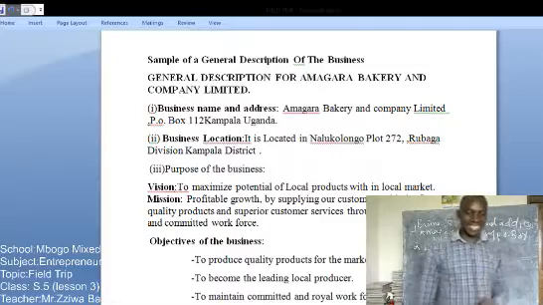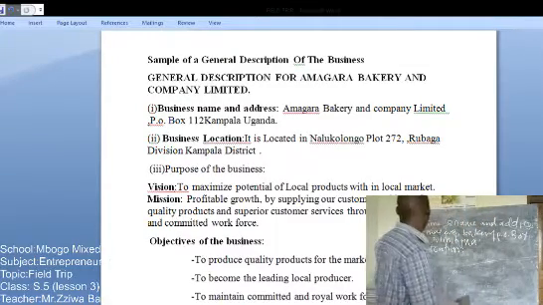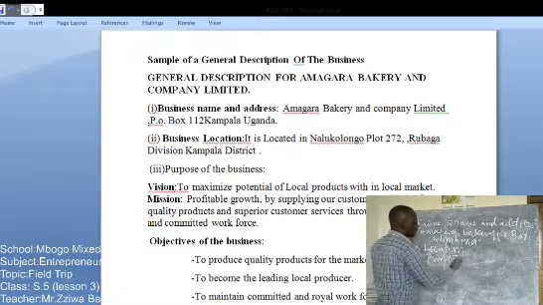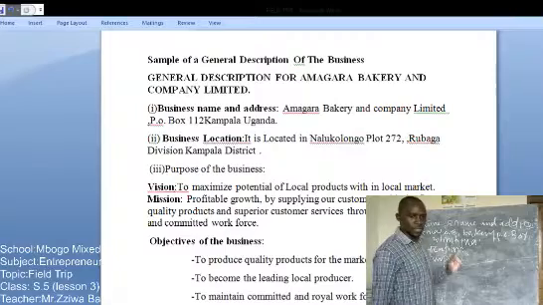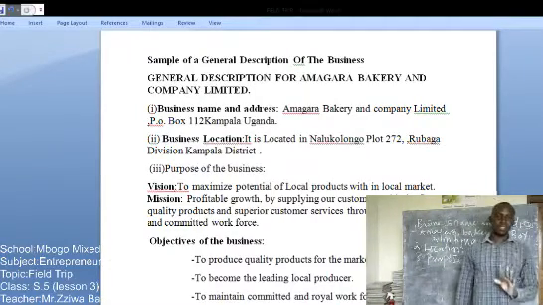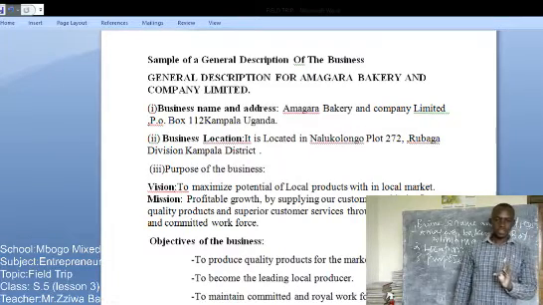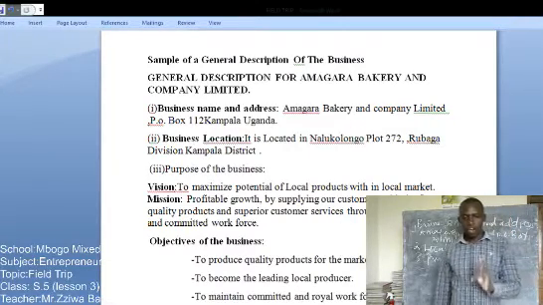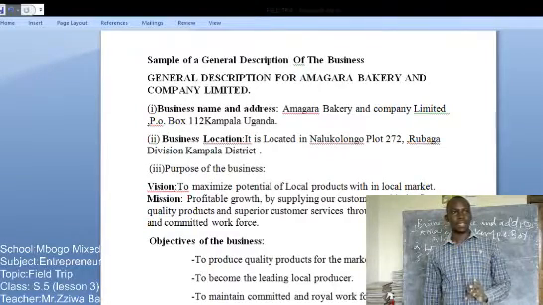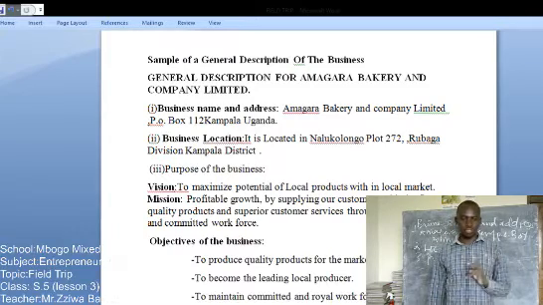Then the purpose. Let us look at the purpose of the business. We are now putting in evidence. What is the purpose of that given business? I said the purpose is given by 3 or 4 elements: vision, mission, goals, and objectives. Okay? How are you supposed to write a vision?